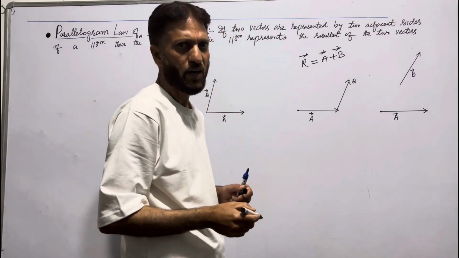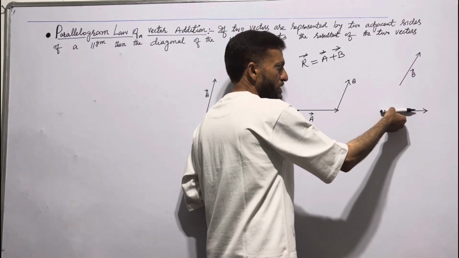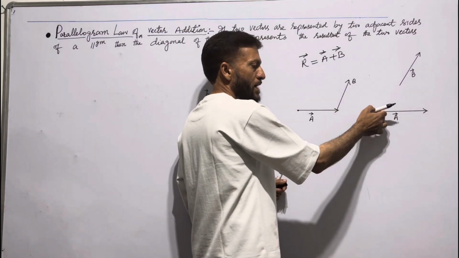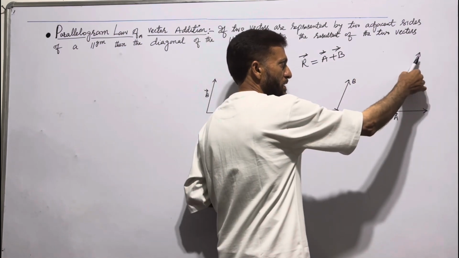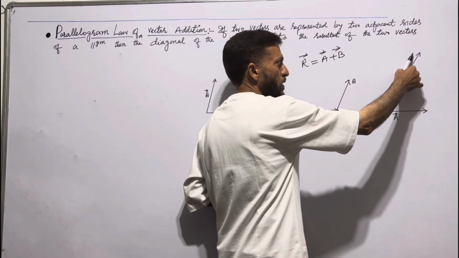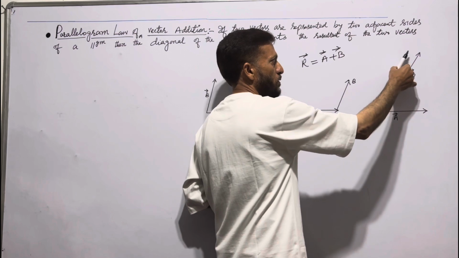For this, this is vector A, I have displaced it here. This is vector A, I am shifting it to this place. This is vector B, I am going to shift it. First of all, I will shift it and move it to my left without changing its direction.